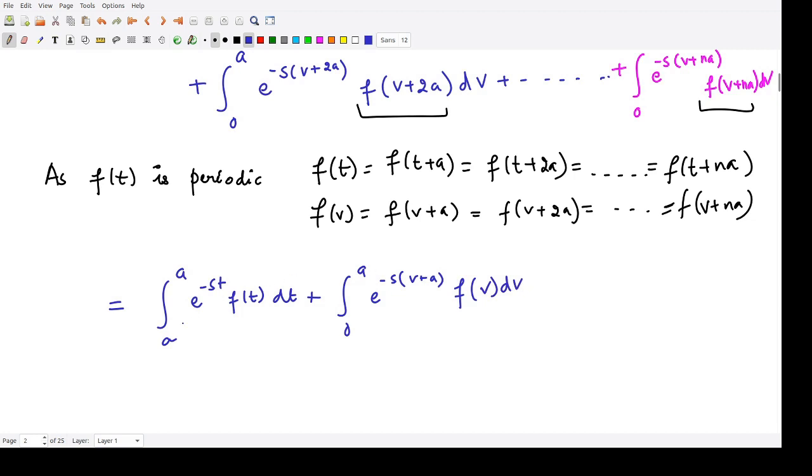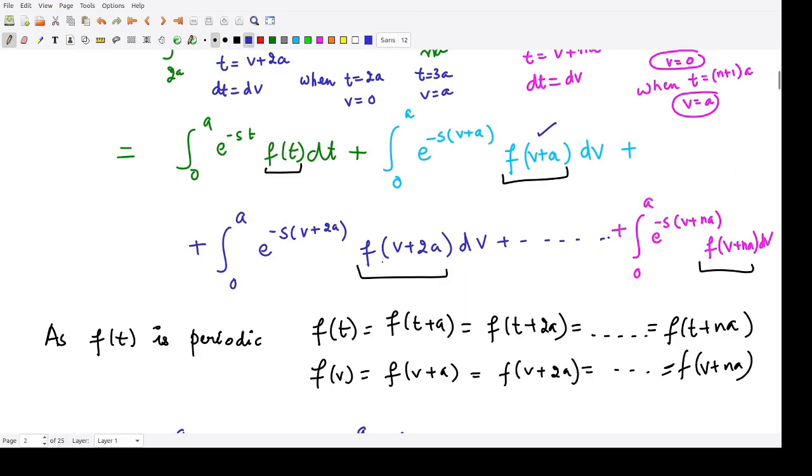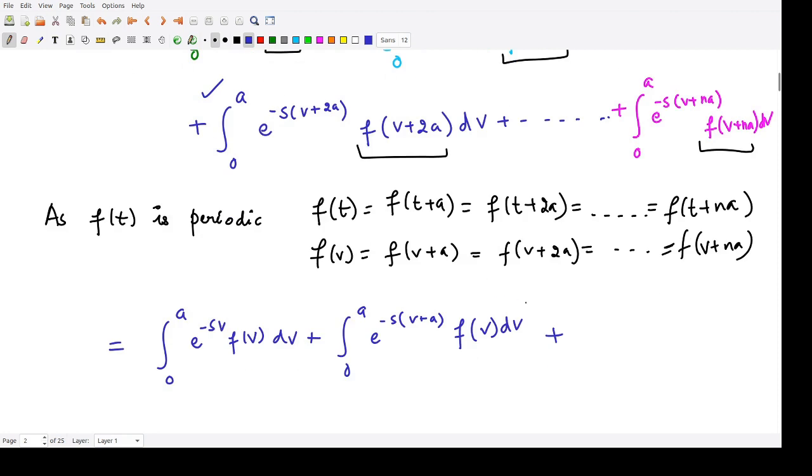And here also we can change the variable. There would be no harm when you change the variable t to v, because that won't affect the value of the integral, and this would also be from 0 to a. So 0 to a, e to the power minus sv f of v dv, and the third term would become integration from 0 to a, e to the power minus s into v plus 2a, into f of v dv, plus so on.